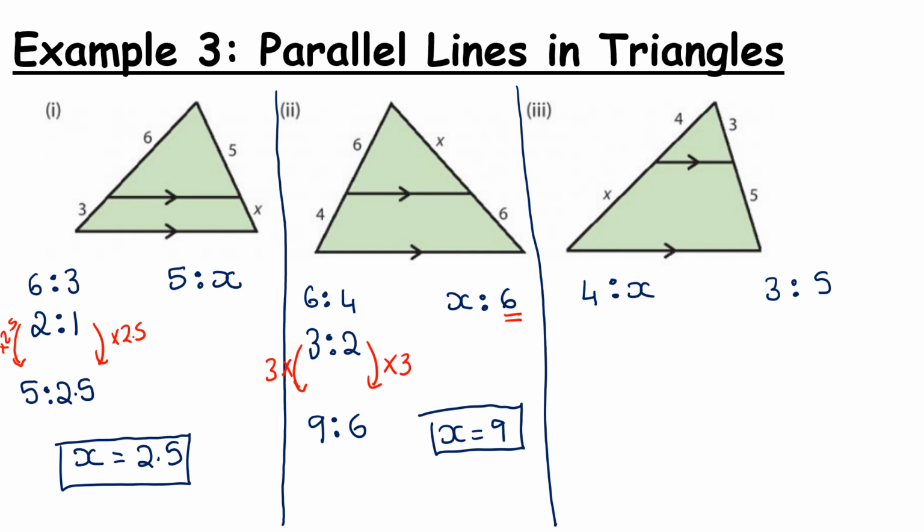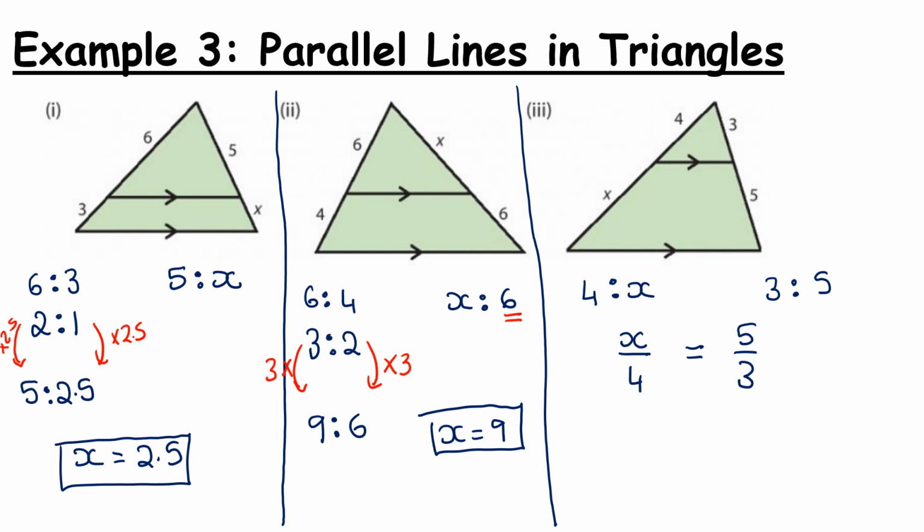So what I'm going to do instead is put x over 4. The reason I've put the x on top is because I want my unknown on top. So x over 4 should give me the same answer as 5 over 3. If you wanted to do 4 over x is equal to 3 over 5, that is absolutely valid. You've just made your question a little bit trickier to work with.